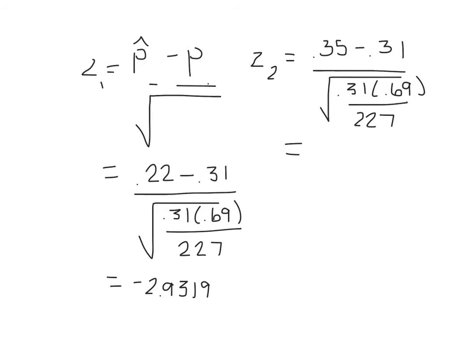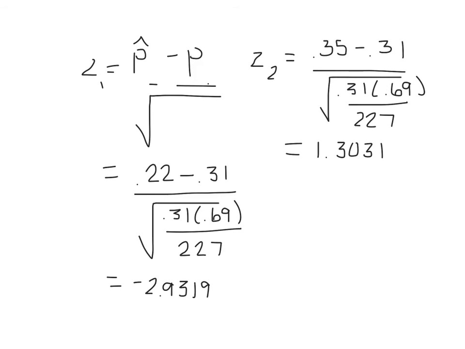And in this case, we'll get a z-score equal to 1.3031. So this value of 35% is not as far away from the true proportion of 31%. It's only about 1.3 standard deviations from the true proportion.